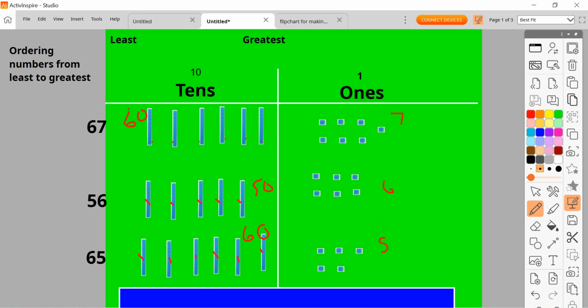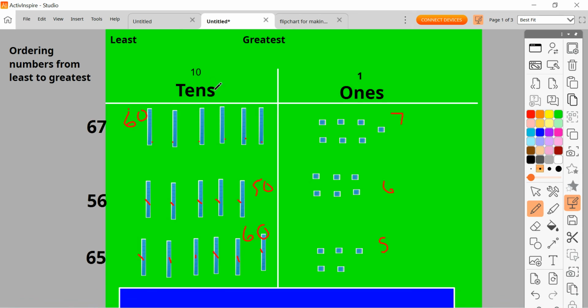Now, when we're ordering our numbers, just like when comparing, we're looking at our highest value because 10 is more than 1. So we want to look at that highest value to figure out what's our smallest number, what's our largest number, and what numbers go in between.